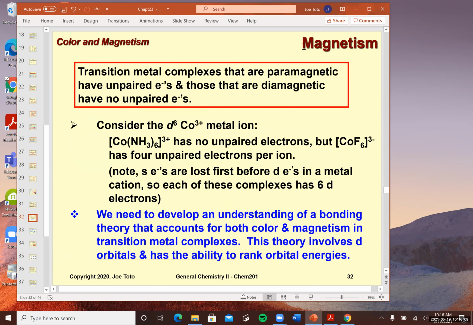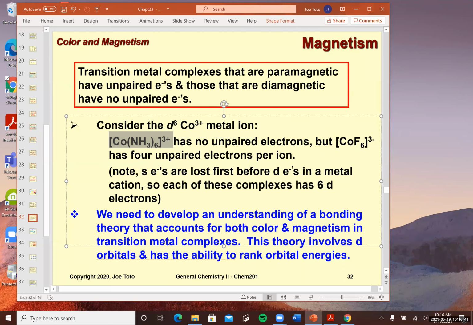All right. The other thing that we want to rationalize using this electronic structure theory is the magnetism of these coordinate covalent complexes. For example, I have this complex here, cobalt with ammonia. It has no unpaired electrons, and I know that because if I put that compound in a magnetic field, it doesn't interact with the magnetic field at all.